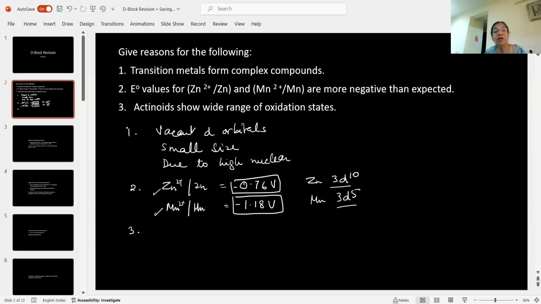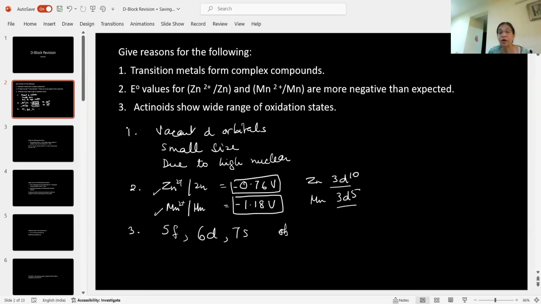Then the third is that actinoids show a wide range of oxidation states. They show many oxidation states because actinoids can have unpaired electrons in 5f, in 6d and in 7s orbitals.